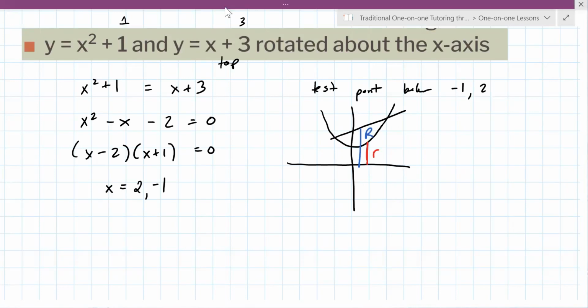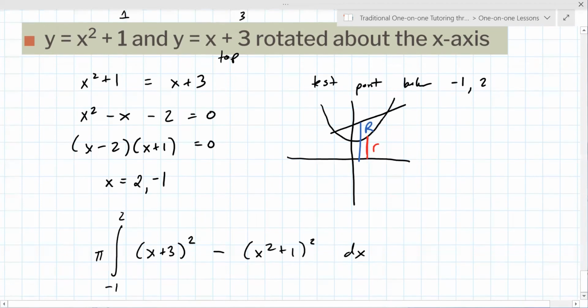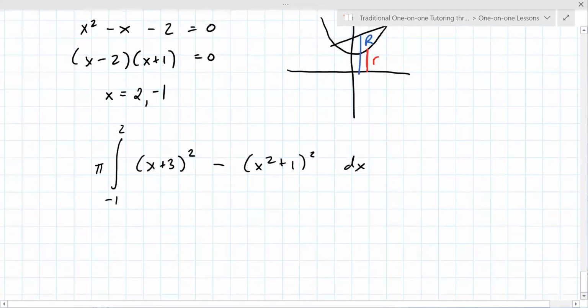So the integral here is from -1 to 2 of pi times big R squared, which is x plus 3 squared, minus x squared plus 1. And we should carry through this integration just to continue working on this.